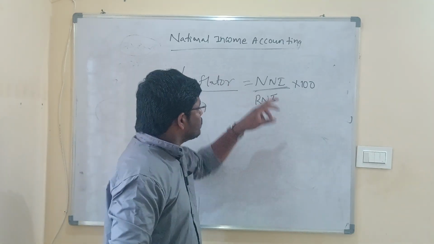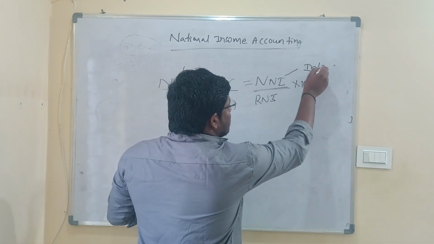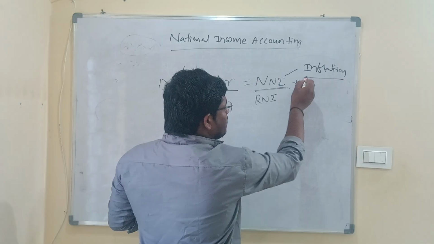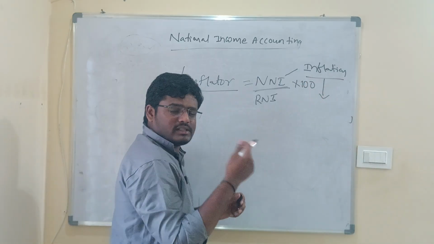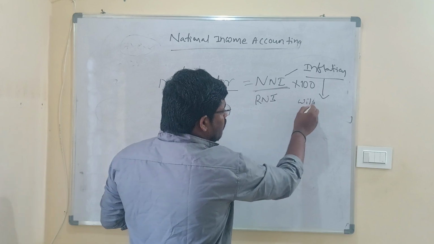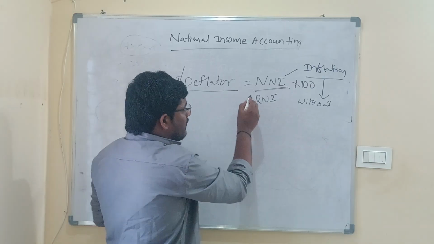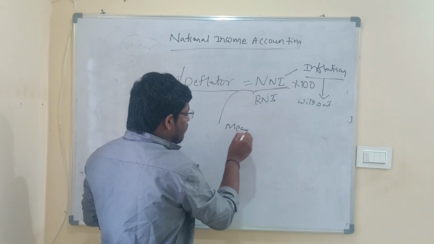Now what is nominal national income? Nominal national income carries inflation. What is real national income? In real national income we adjust for inflation, so real national income is without inflation. So with inflation by without inflation gives us the measure of inflation.